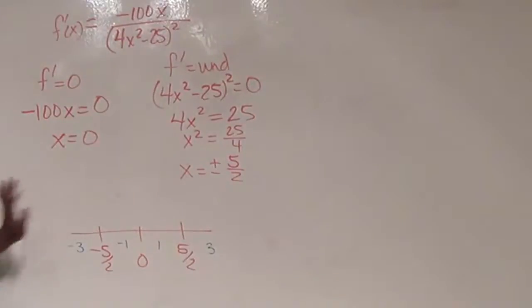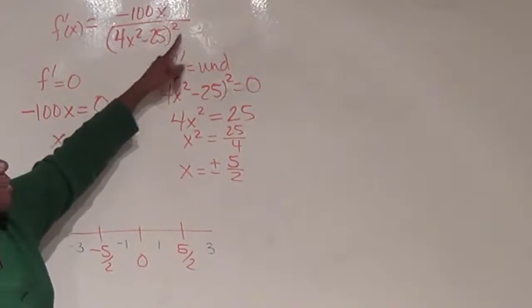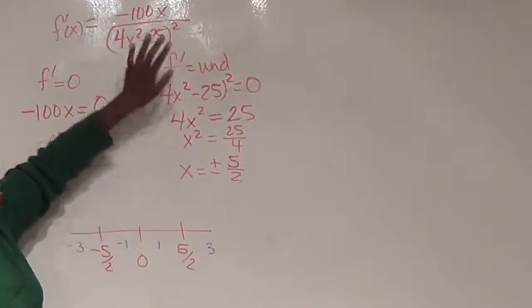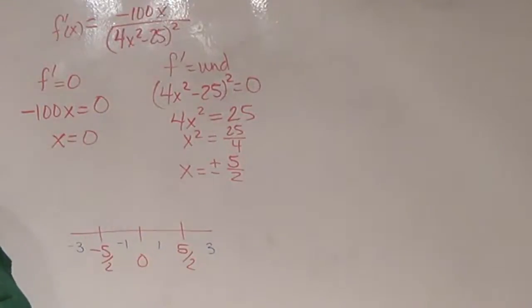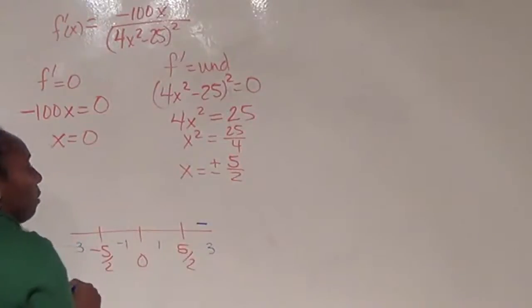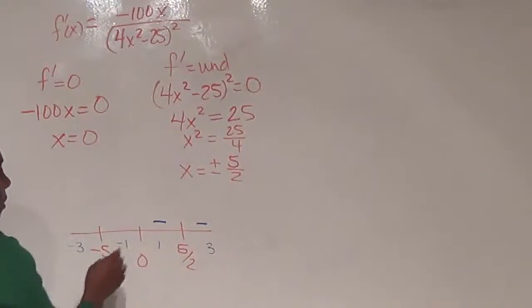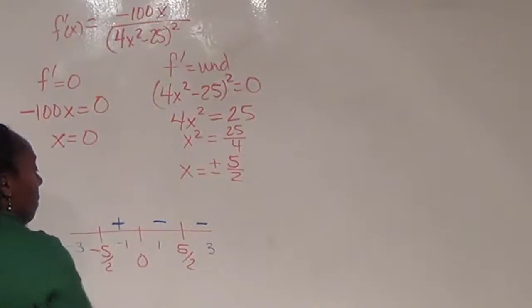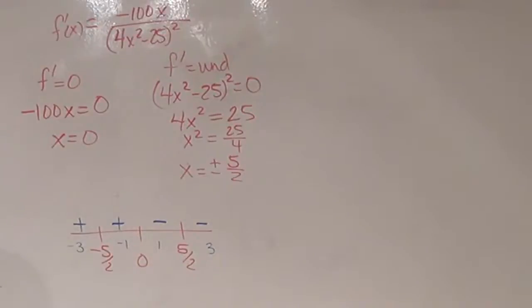Another nice thing about this particular function is if you notice in your derivative, the denominator is squared. So it doesn't matter what value I put in here, this is always going to come out to be a positive value. So when I'm testing these points, I just need to consider what happens to the numerator. If I plug in 3, that's going to be negative. At 1, also negative. Negative 1 gives us something positive, and negative 3 is positive.